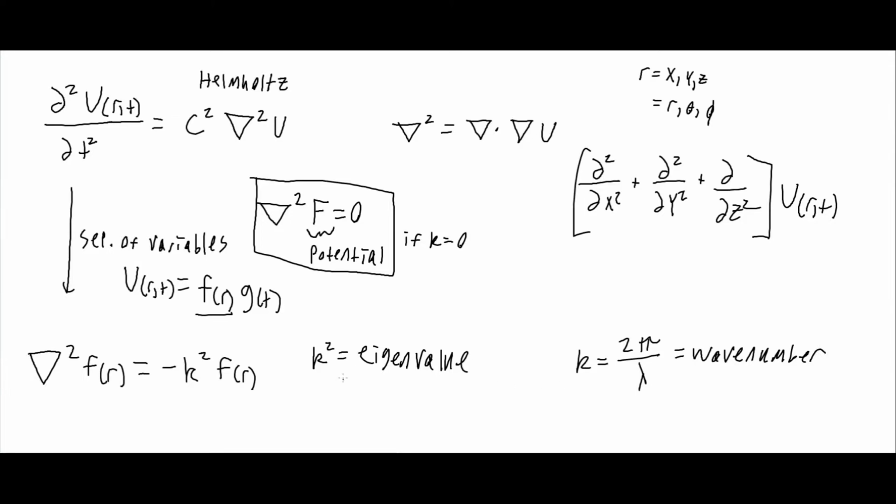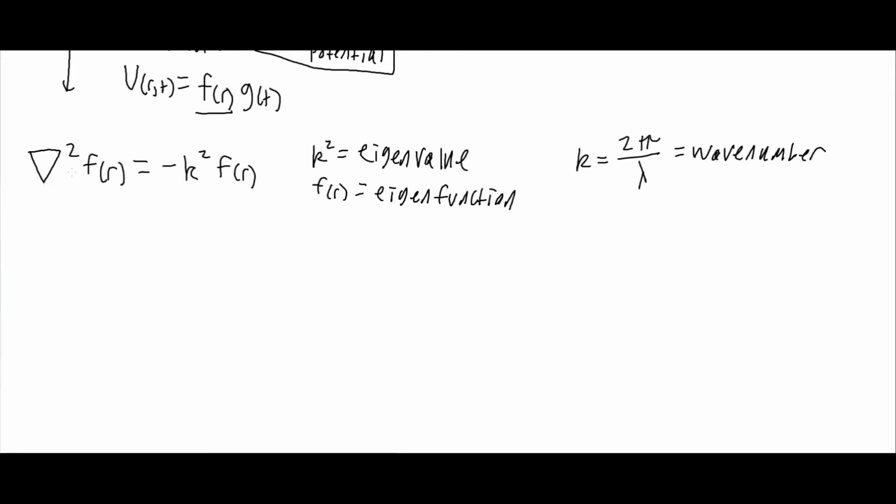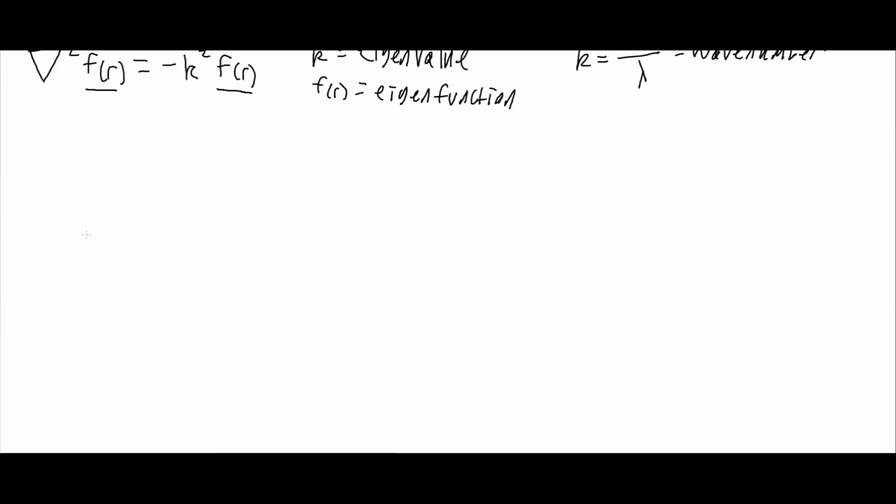And so in this case, the f of r would be the eigenfunction, and we want to solve this for the eigenfunction. So this Laplacian operator is our Hermitian operator. The k squared is our eigenvalue, and we want to solve for the eigenfunction. So at different values of k, we want to solve for our eigenfunction.